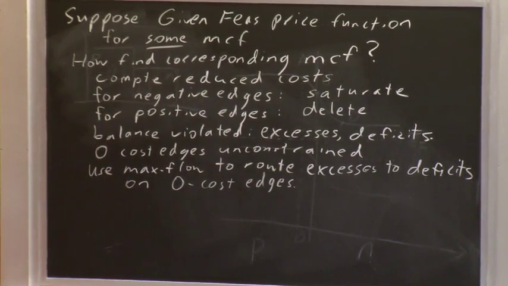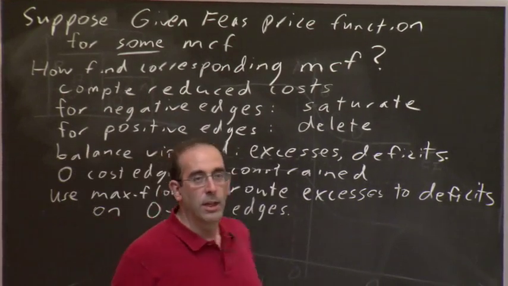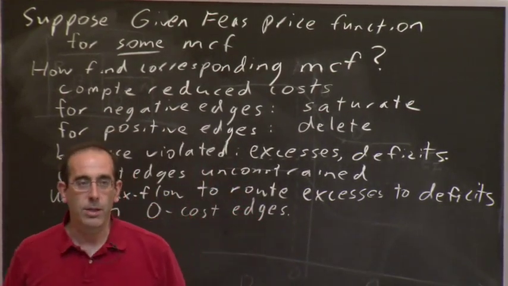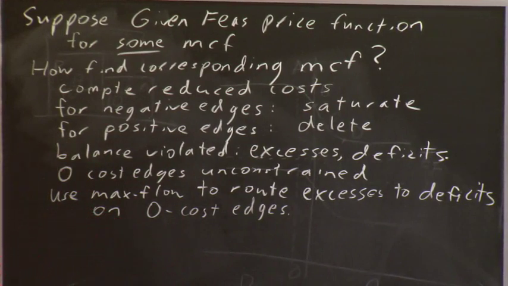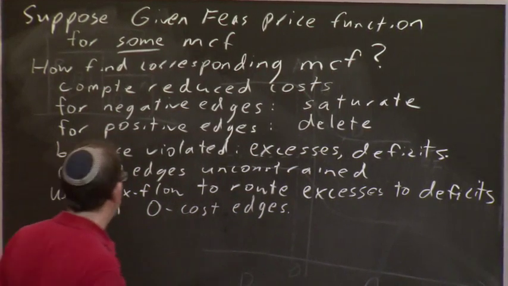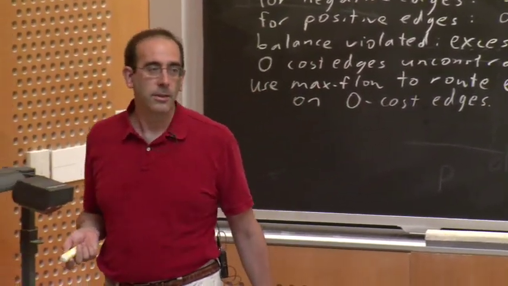Okay. So if I find a max flow that sends the excesses to the deficits on the zero cost edges, well, now I've got balance everywhere, and so I've solved my problem. Right? Great. But wait, do I know I can do this?